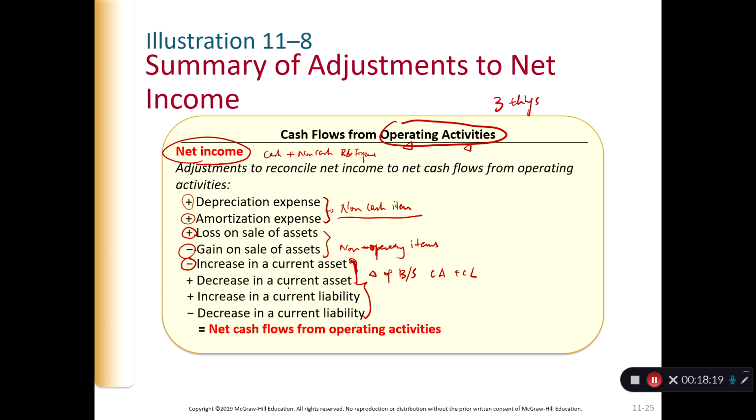And if current assets decrease, the revenue related to the current asset is liquidated into cash, so we add it. Same thing with liabilities. Say you record a debit to salary expense and a credit to salary payable.